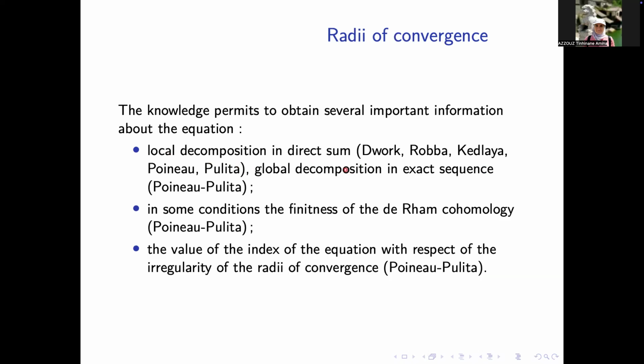However, if I consider the radius of convergence, there are some situations where we cannot decompose it in a direct sum, but we have an exact sequence. We can obtain a global decomposition in an exact sequence.